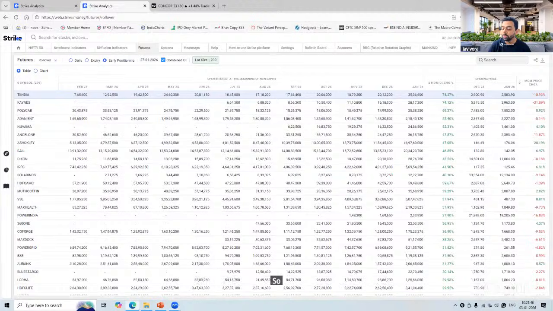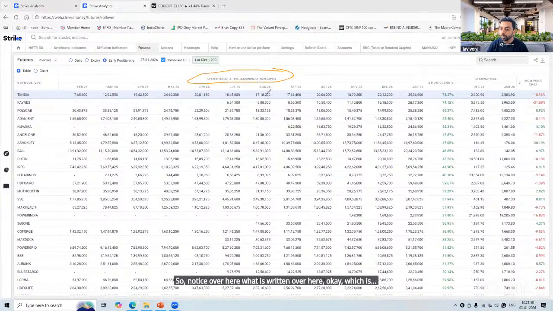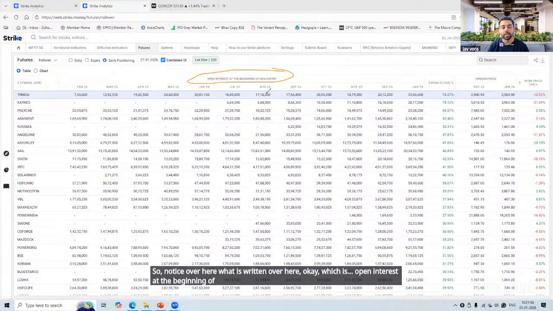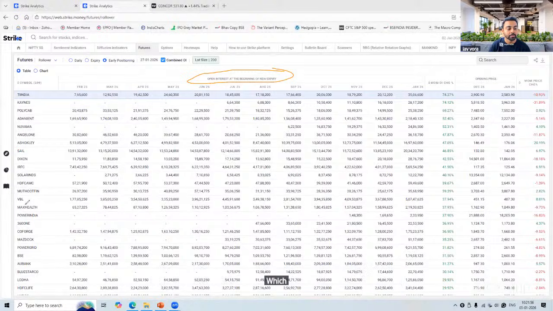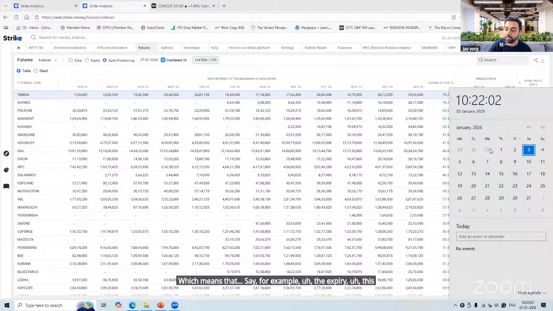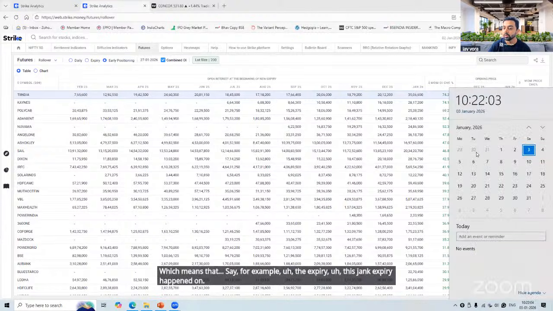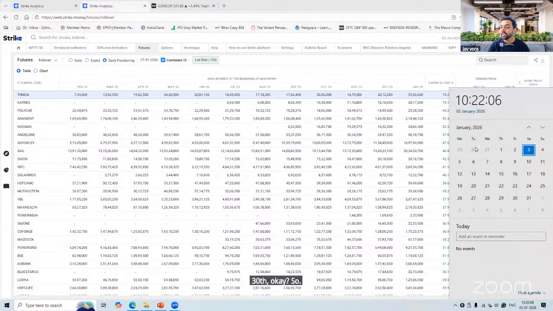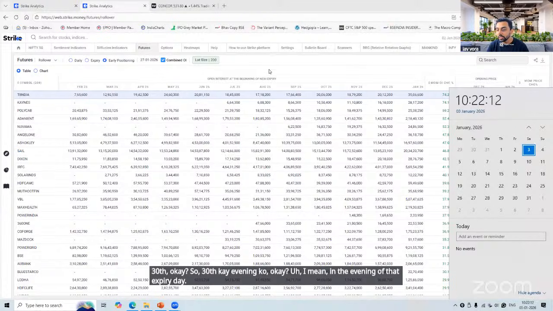So notice what is written over here, which is open interest at the beginning of new expiry. Say, for example, this Jan expiry happened on 30th. In the evening of that expiry day, this screen gets updated.